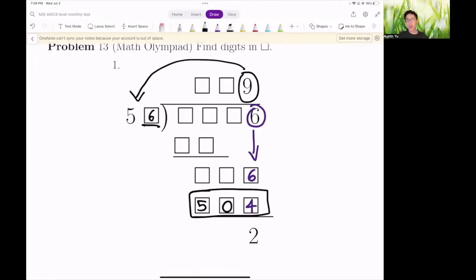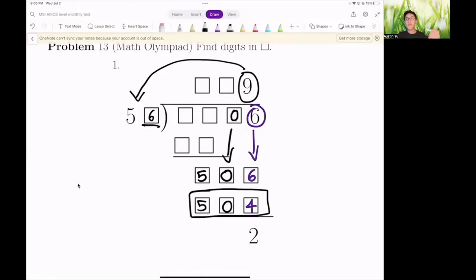And then from the top, we can also plug in that the top number is going to be 506, right? Because 506 minus 504 is 2. But how do we approach the next few empty boxes? We also know that this box must be 0 because 0 is being pulled down here, right?